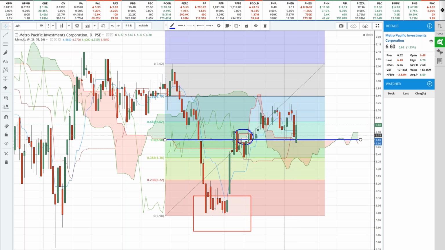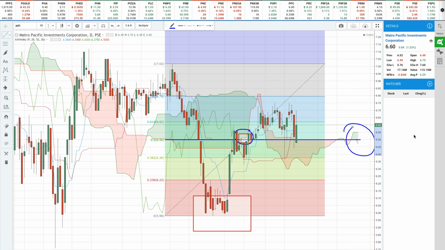Price dropped and then bounced back above that 650 level. So resistance became support. Currently, MPI already made a bullish Kumo twist, so we are bullish at this point. After this consolidation, we might see MPI resuming its upward trend.